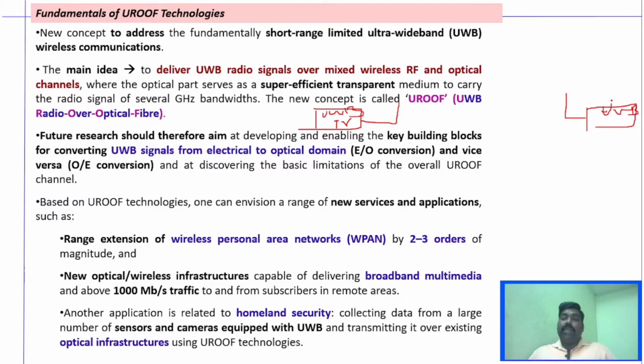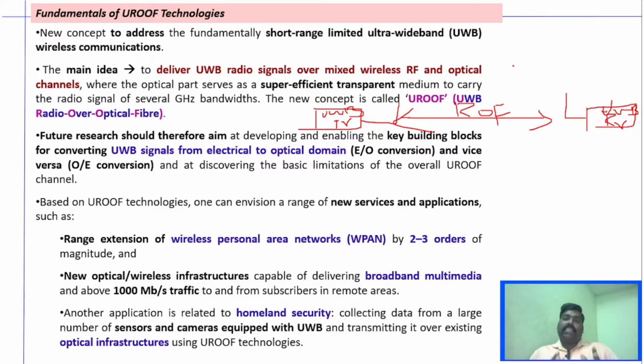So you have a UWB transmitter and UWB receiver, right? But we're going to combine UWB as well as ROF technology. Why are we going to combine? I'll tell you that.